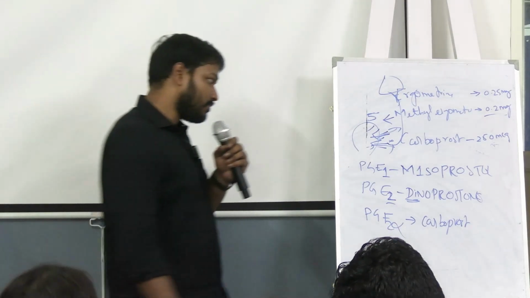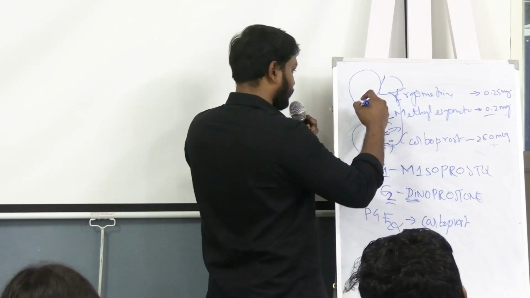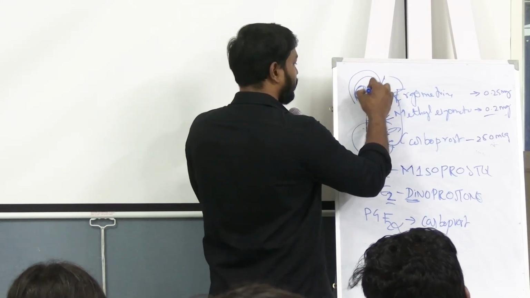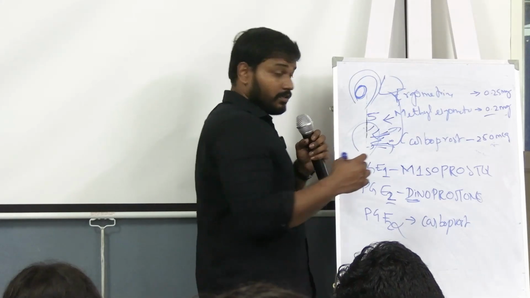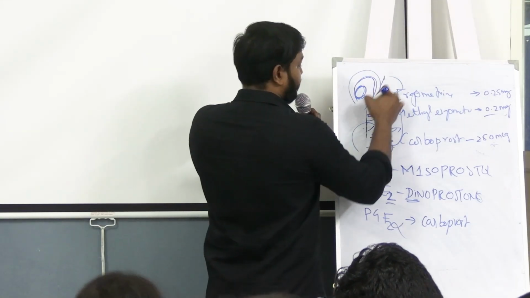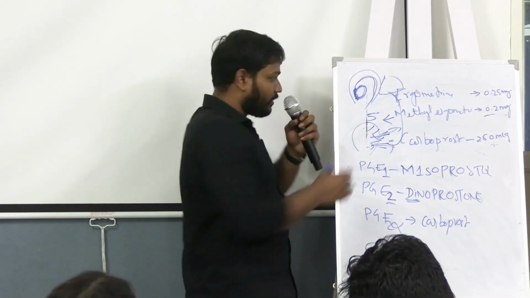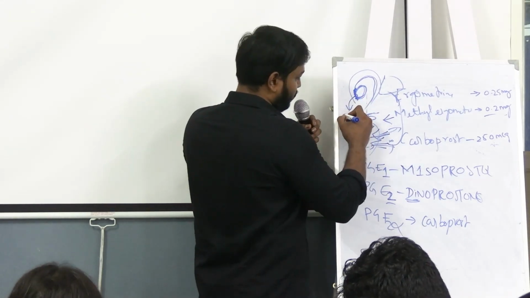Normally the uterus, the endometrium, see, this is the endometrium. This part we call the deciduum. This deciduum normally has prostaglandin.